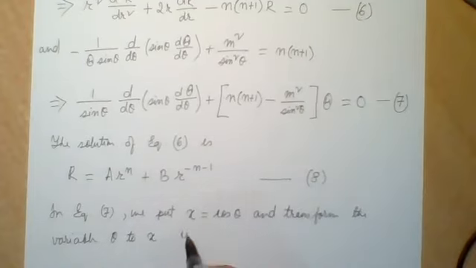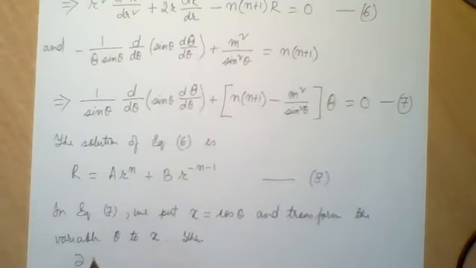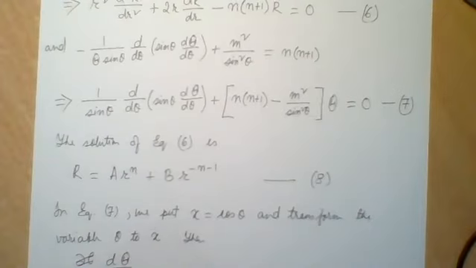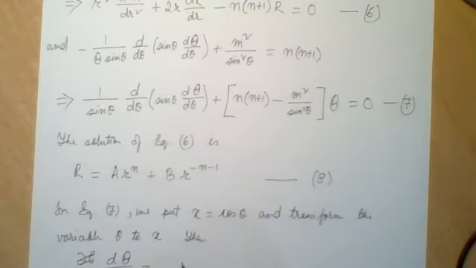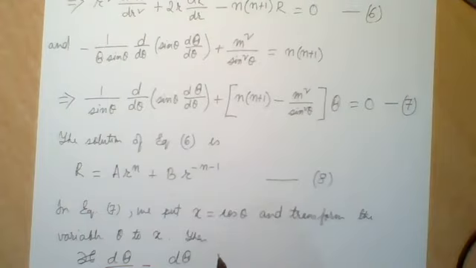Then the derivative of capital theta with respect to small theta can be written as the differentiation of capital theta with respect to x, times dx by d theta.